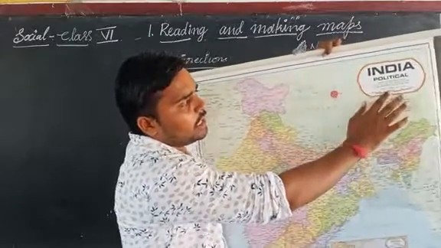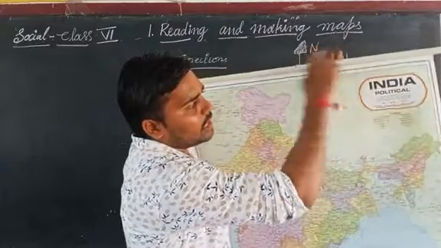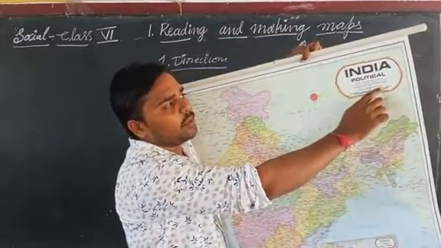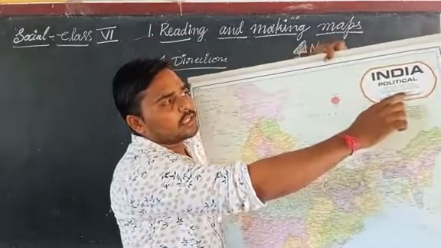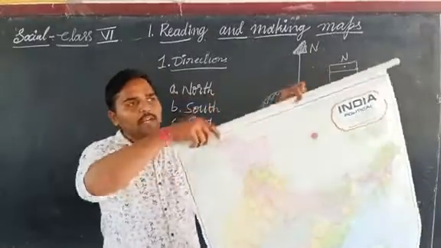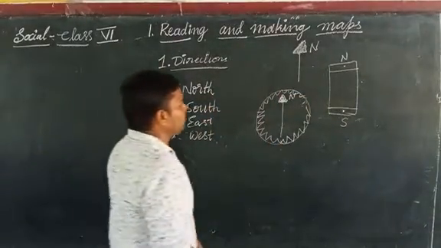And also here we can observe the scale: 1 centimeter equals 43 kilometers. We will discuss it in our class now.